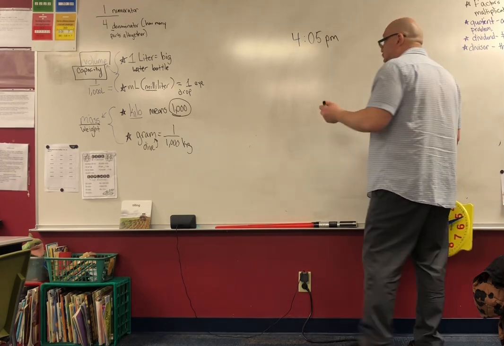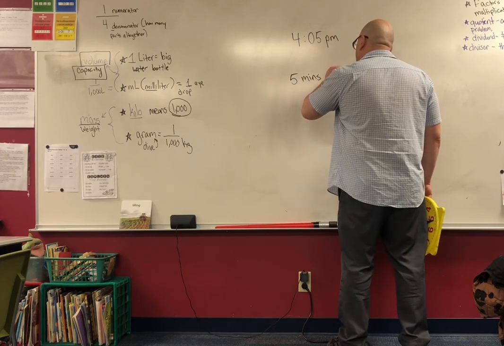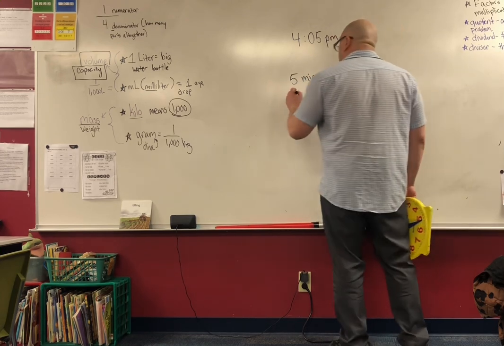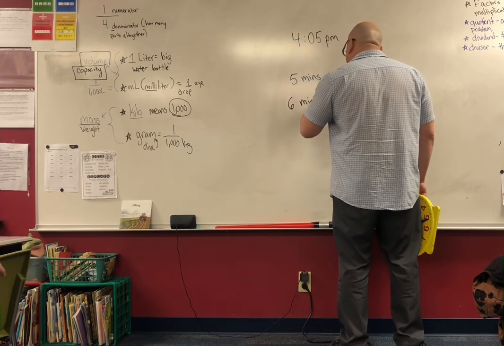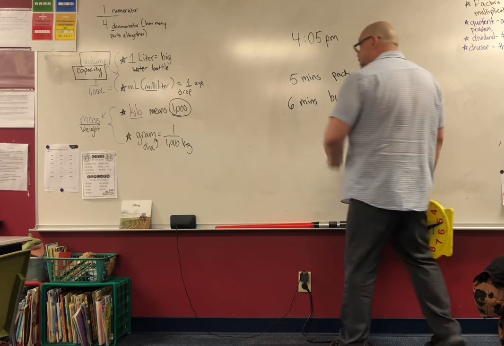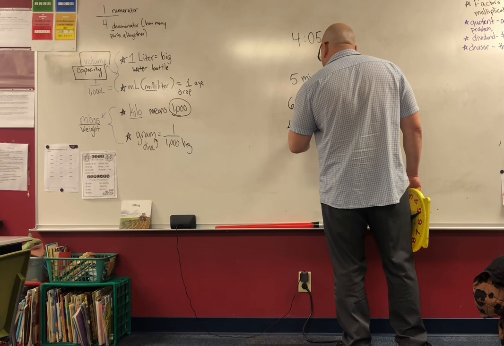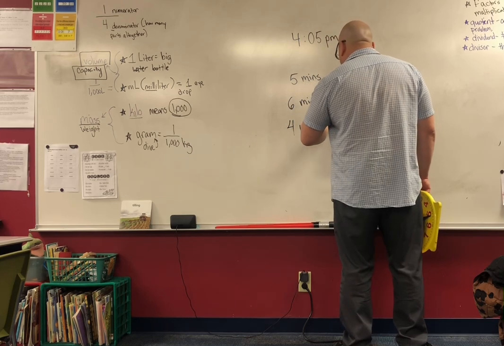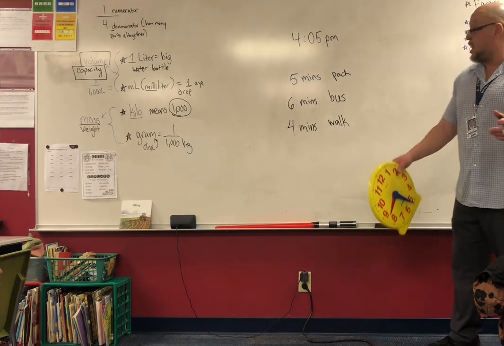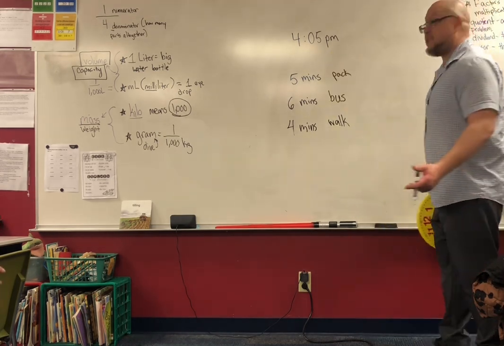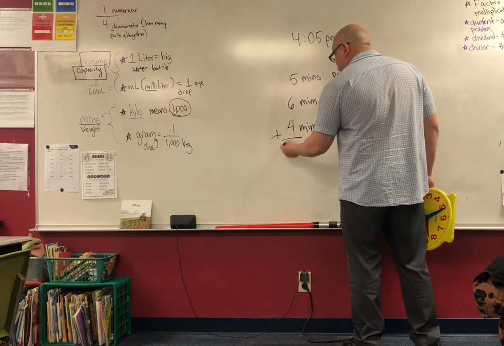It takes me, say, 5 minutes to pack up, 6 minutes to get to the bus and ride the bus home, and then let's say 4 minutes to walk home from the bus stop. All right, so again, our first step is to add up all the time it takes us to do this. So I have 5 plus 6, 11 plus 4, 15 minutes.